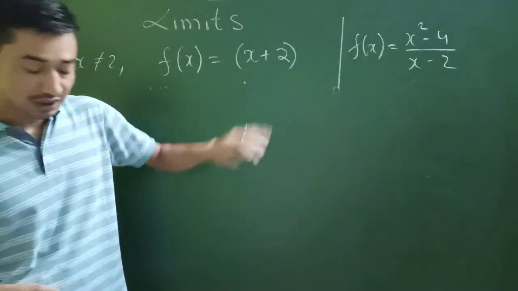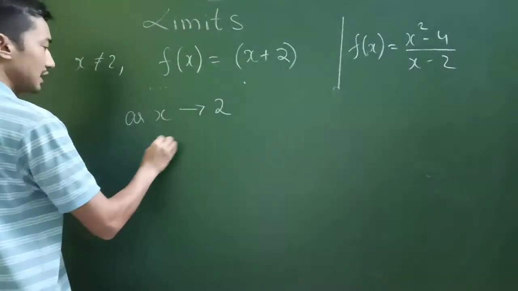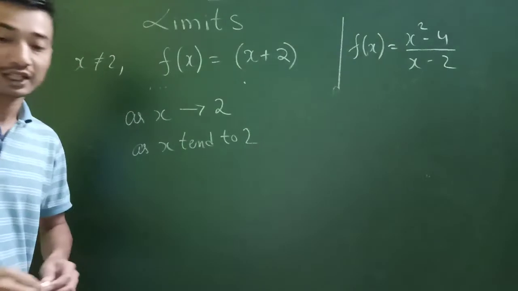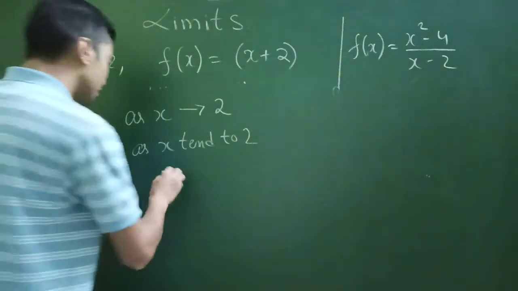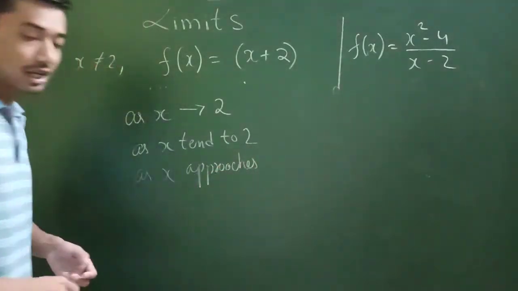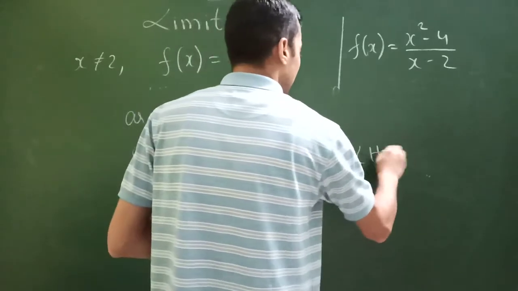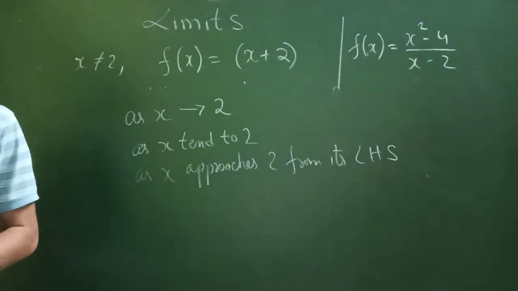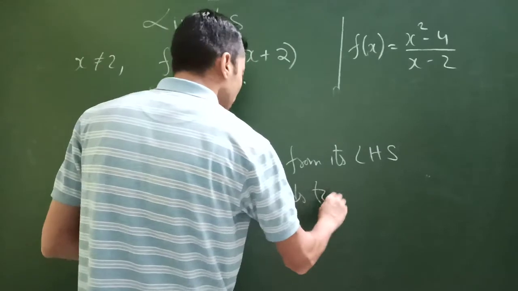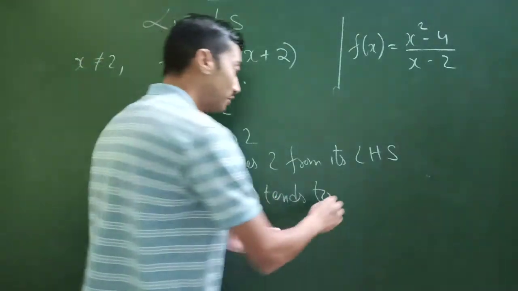But even if we just start with this x plus 2, as x tends to 2, or in other words, as x approaches 2 from its left hand side, f of x tends to, so as we were approaching towards 2 from the left hand side, the value of our function was tending towards which particular value?